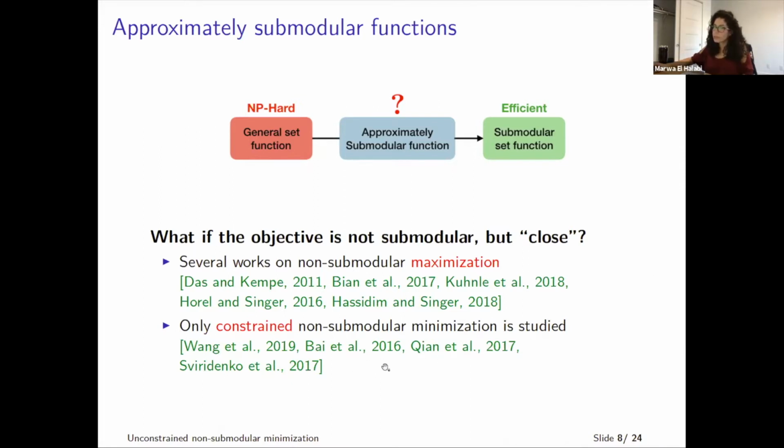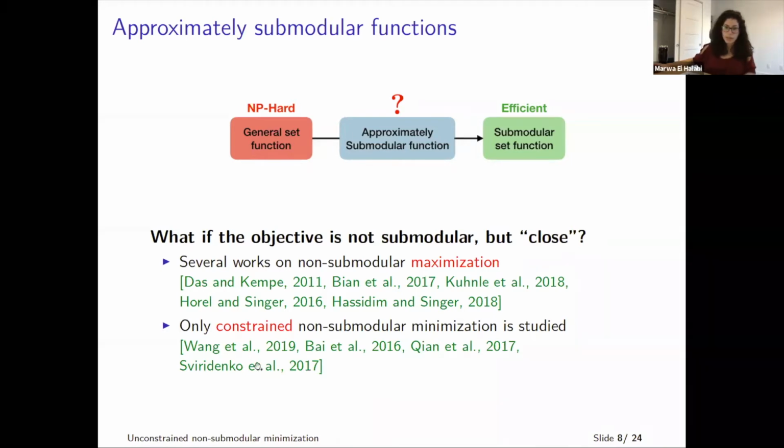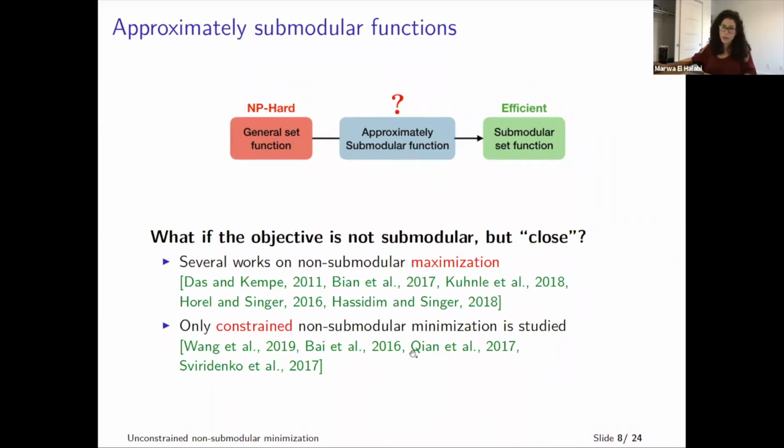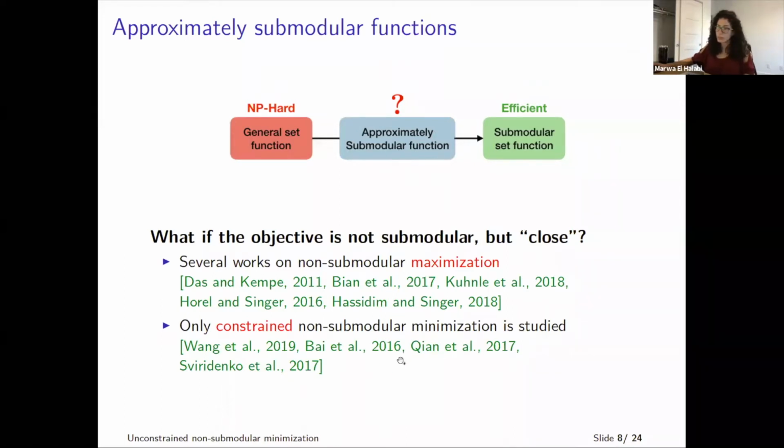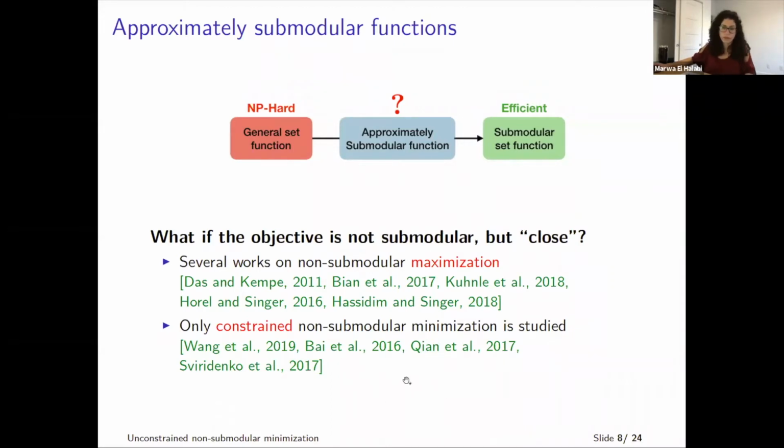There has also been some work on minimizing set functions that are not submodular, but with some constraints. In this case, the problem is much harder. Even if the function is submodular, what we can do is much weaker. The approximation guarantees we can get there are much weaker than the unconstrained version. So I'll be focusing really just on the unconstrained version of the problem.